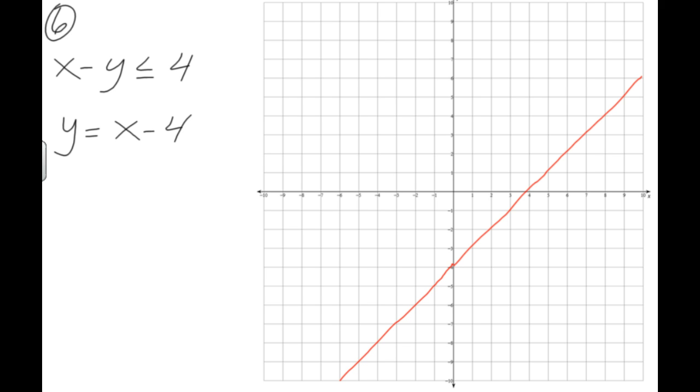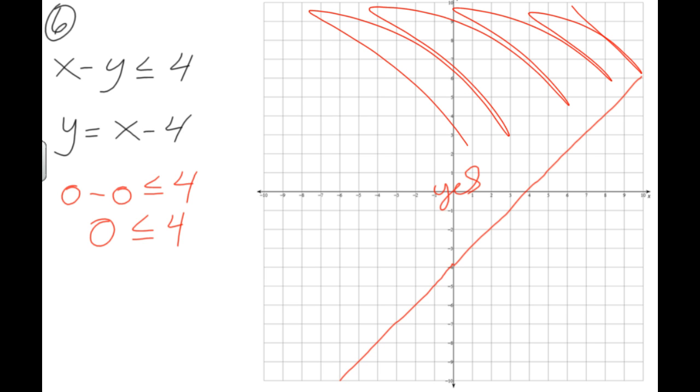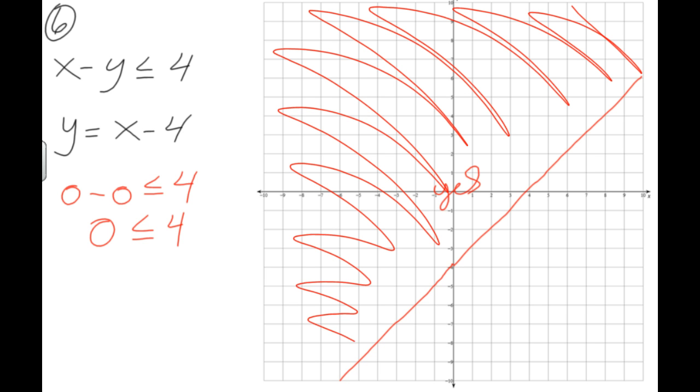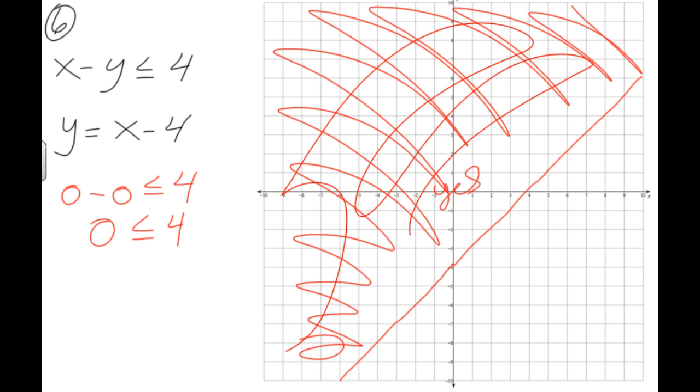Now, checking my 0, 0, is 0 minus 0 less than or equal to 4? 0 is less than or equal to 4. So this is a yes. It was true. So that is the side I shade. All right, let's go to the next problem.